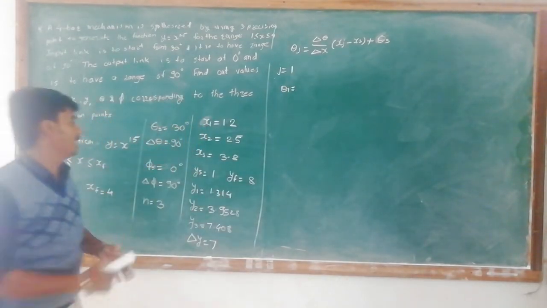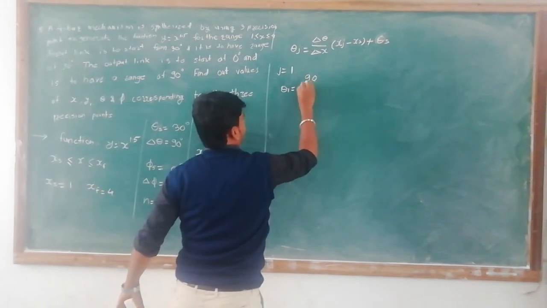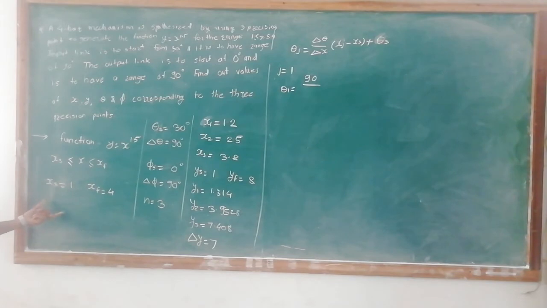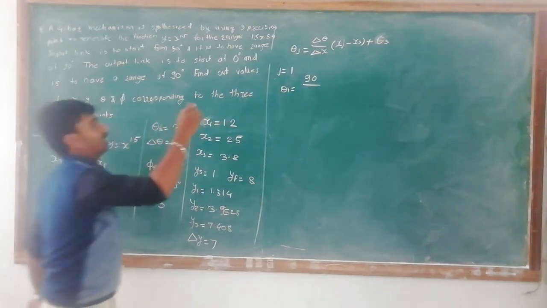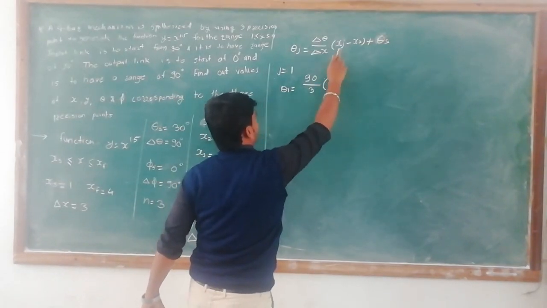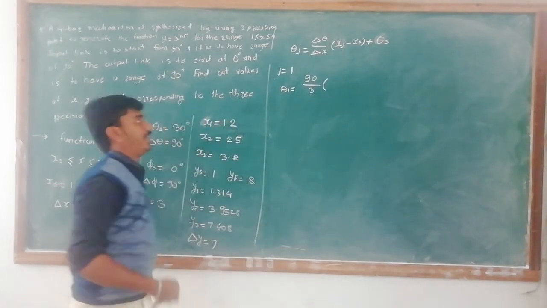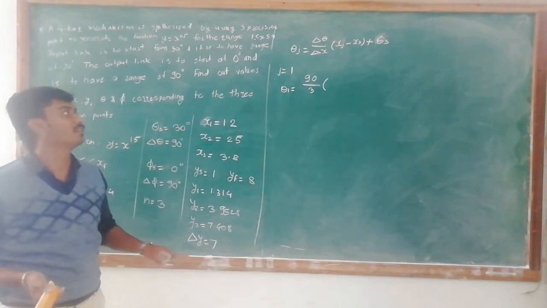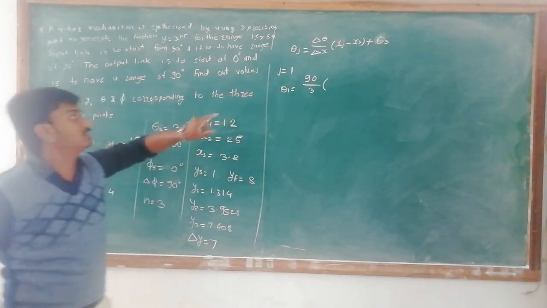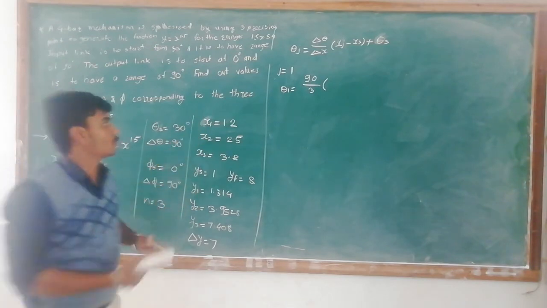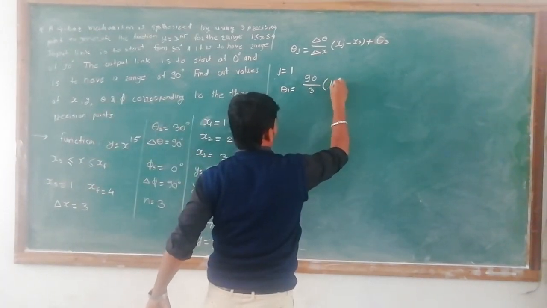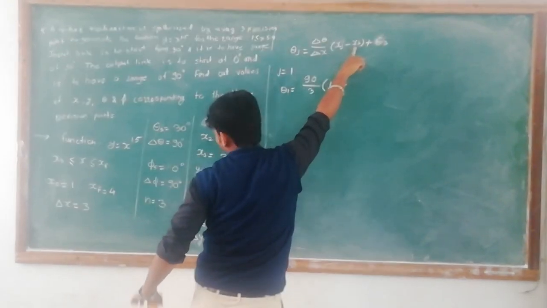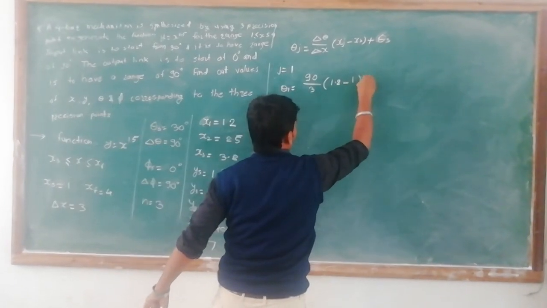Delta theta is equal to 90. So 90 divided by delta x. What is the value of delta x? Delta x means x finish minus x starting, that is 4 minus 1, which is equal to 3. So 90 divided by 3 into (xj minus xs). Xj means the value of x at j equal to 1, so x1 is equal to 1.2. So it is 1.2 minus x starting, which is 1, plus theta starting.